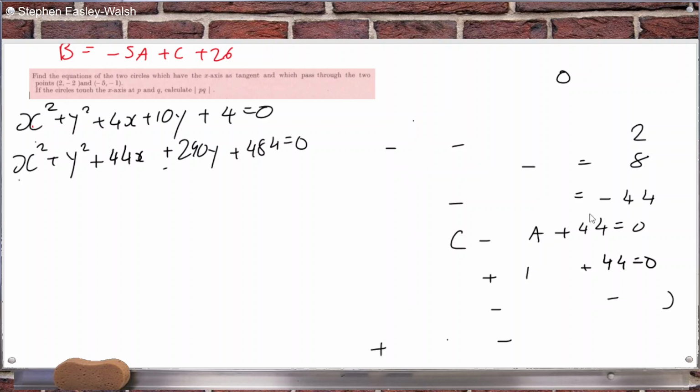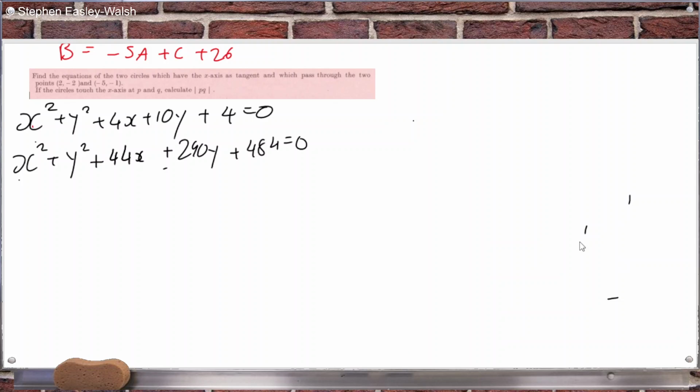I think there was a question similar to this I did recently. Let's have a look. Okay, so the first one is going to be centered at minus 2, minus 5, and the second one at minus 22 and minus 145.